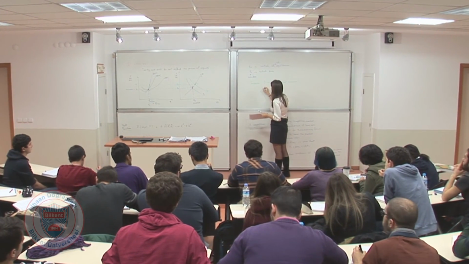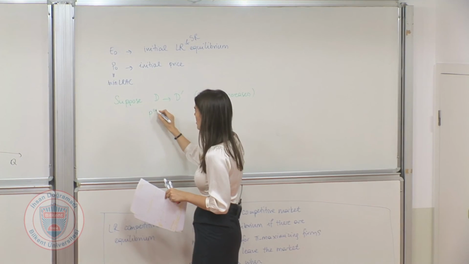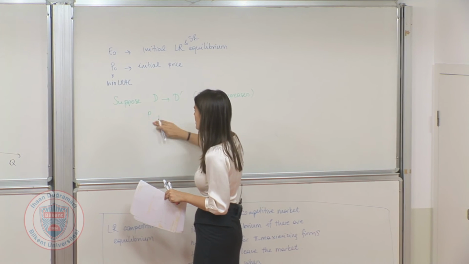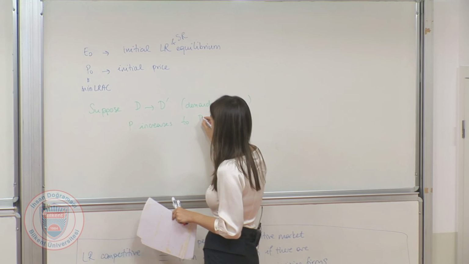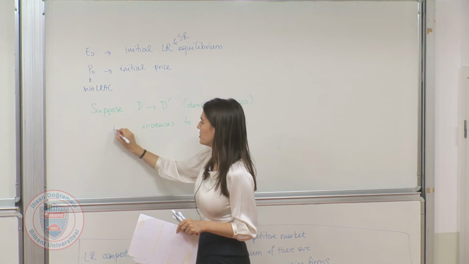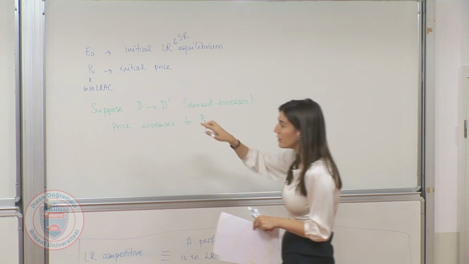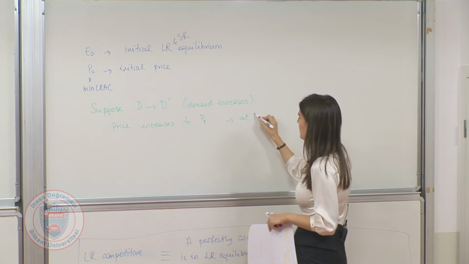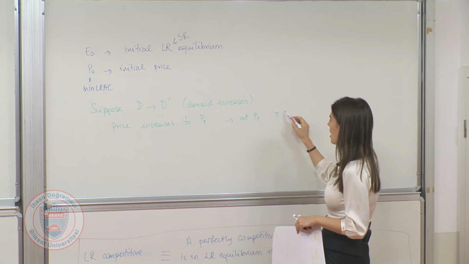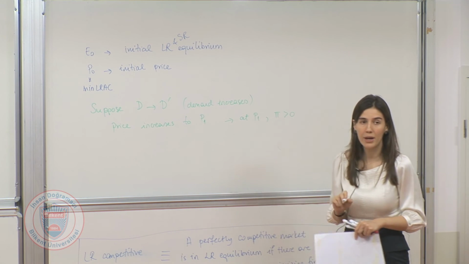So we know that price, short run, let's call it, price increases to P1, okay? So let's put it like this. Price increases to P1, right? And we know that at P1, profits are positive, right?